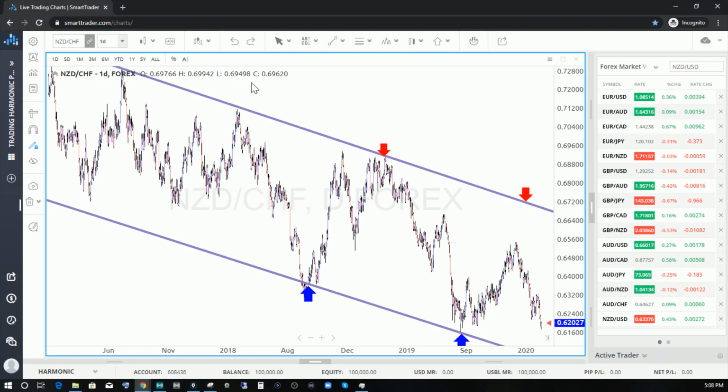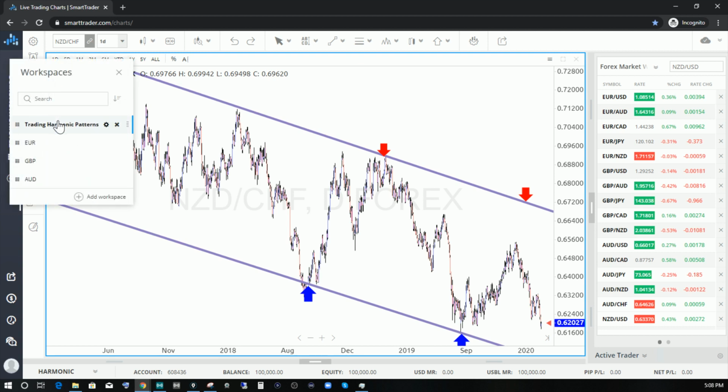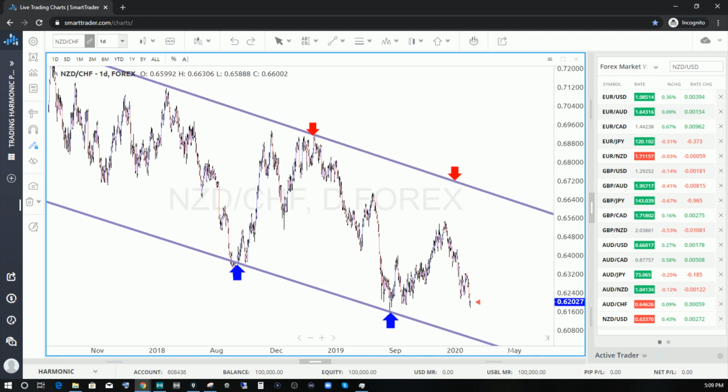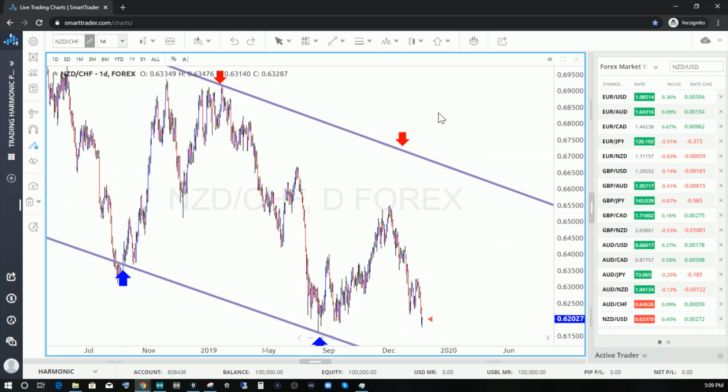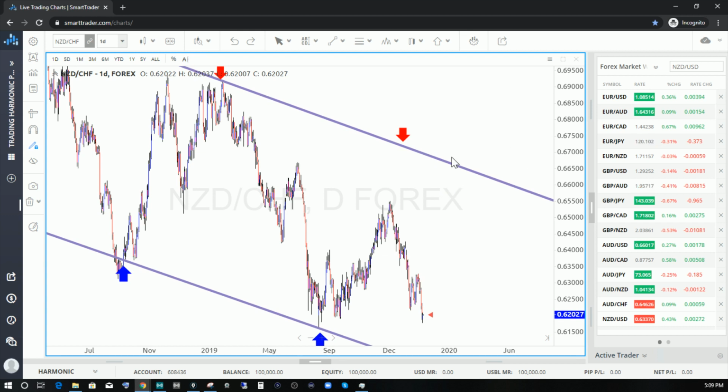Now, I'm going to show you what we did last week, or at least in part 1 of the series. We took a look at the directional bias, and the directional bias was just a simple trend line. Plotting the trend line down, we could identify whether we're going to be buying or selling in that direction.